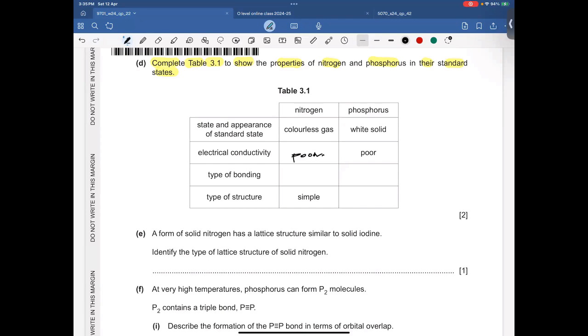Type of bonding is covalent, because whenever it exists in the gaseous state, it exists as a diatomic molecule, and in a diatomic molecule it exhibits covalent bonding. It has a simple molecular structure. Phosphorus is a white solid, with poor electrical conductivity because of the absence of free mobile electrons. Type of bonding is covalent. And type of structure is simple molecular.